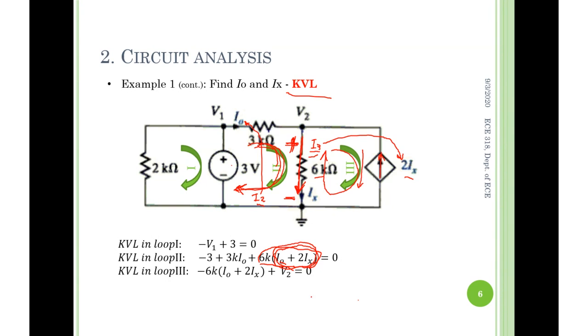I'm explaining in detail. And once again, if you count 3 equations and 1, 2, 3, 4 unknowns, you need more equations. You might have different equations pop up, but what I'm using is, again, the dependent source: Ix equals V2 divided by 6 kilo ohm.